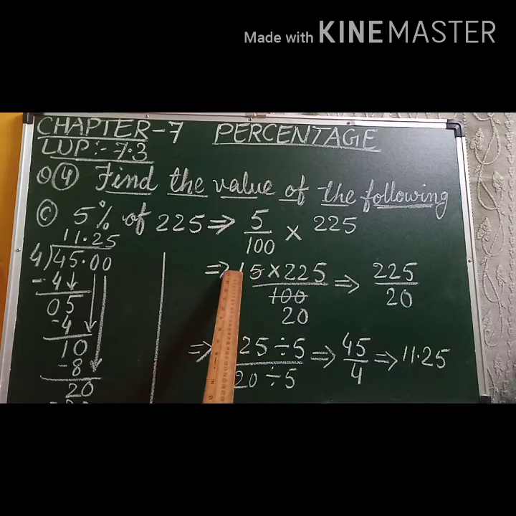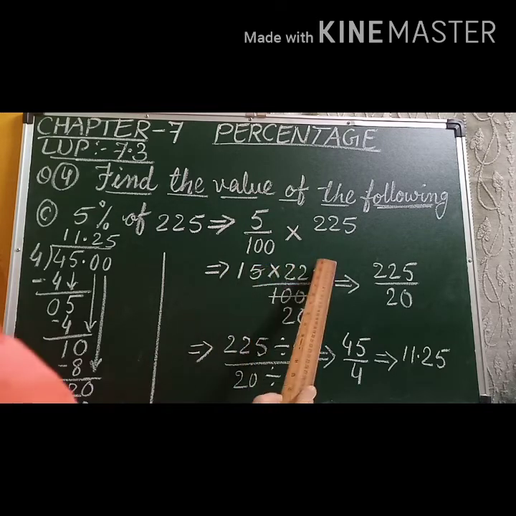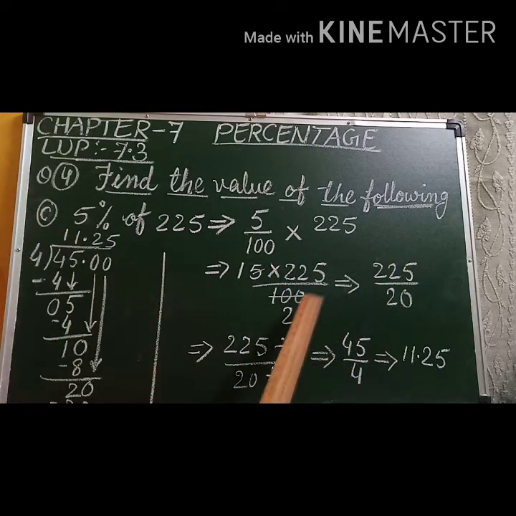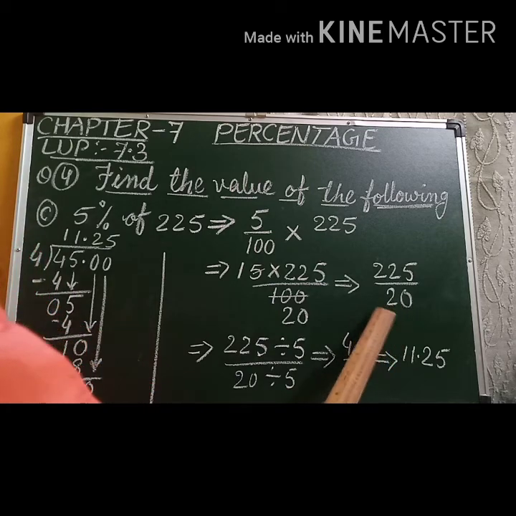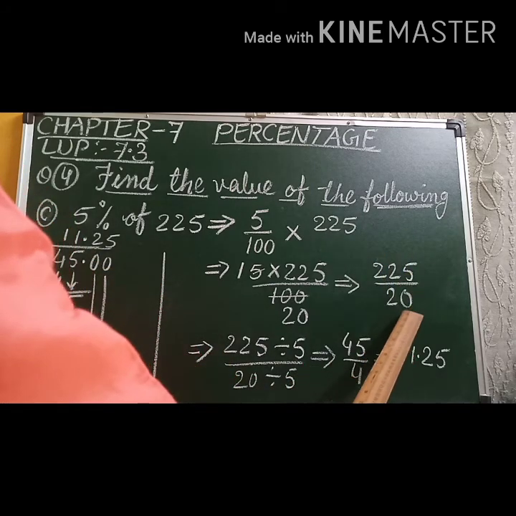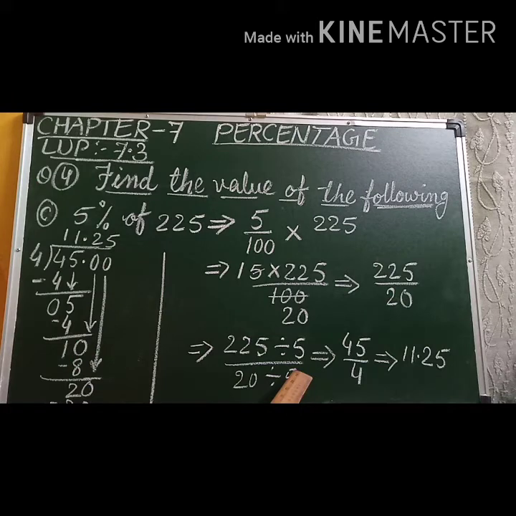So what will be left in the numerator? 1 into 225, that is 225, and in the denominator 20. Now the numerator and denominator are further divisible by 5. So when we divide by 5 we will get 45 divided by 4.